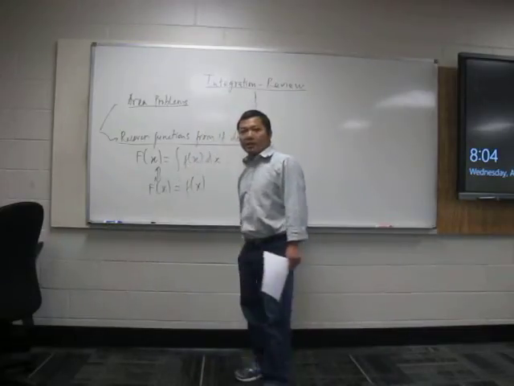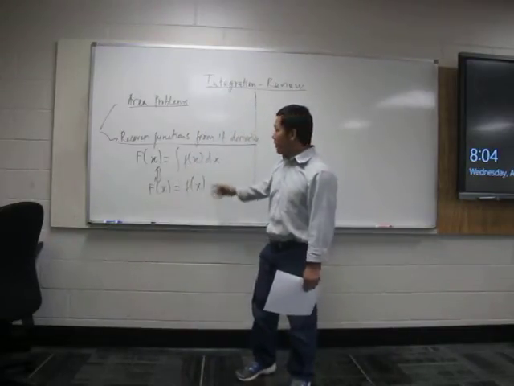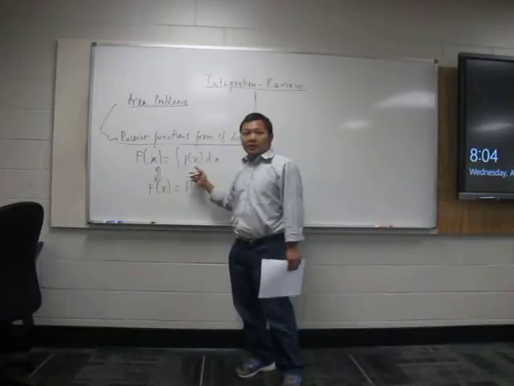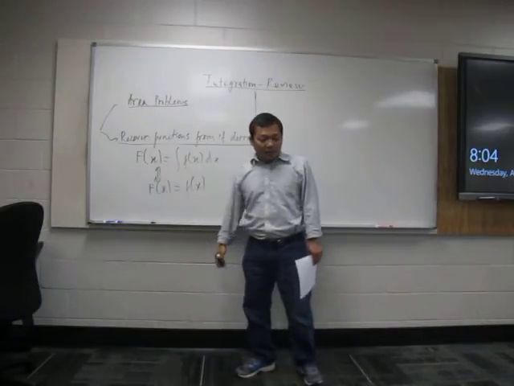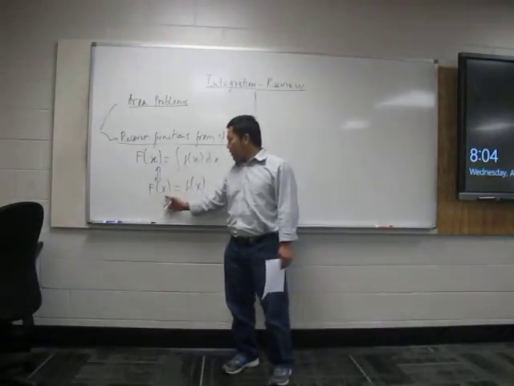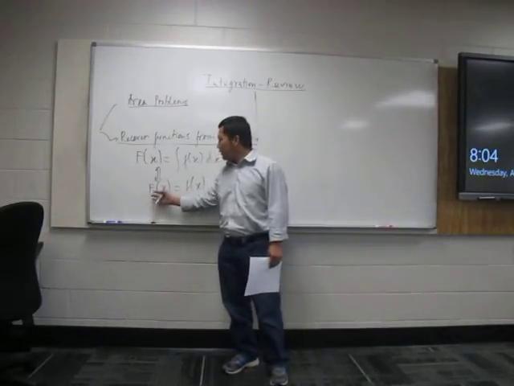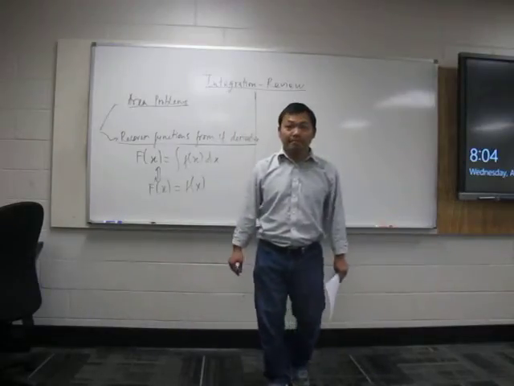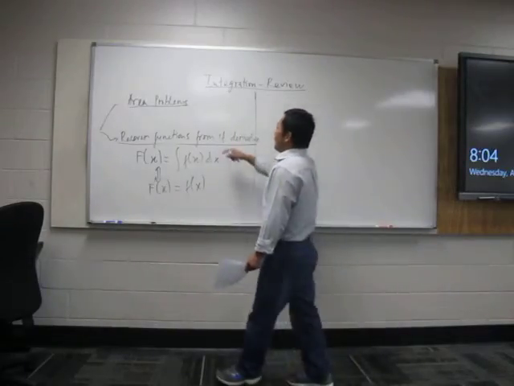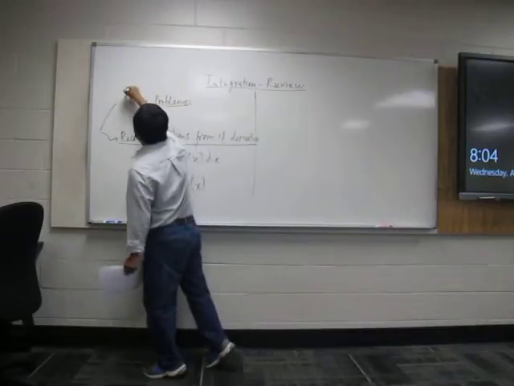This is called an antiderivative, and usually when you have an antiderivative, you add a constant C, because when you take the derivative of a constant, you get 0. So the derivative of F(x) or F(x) plus C is the same.